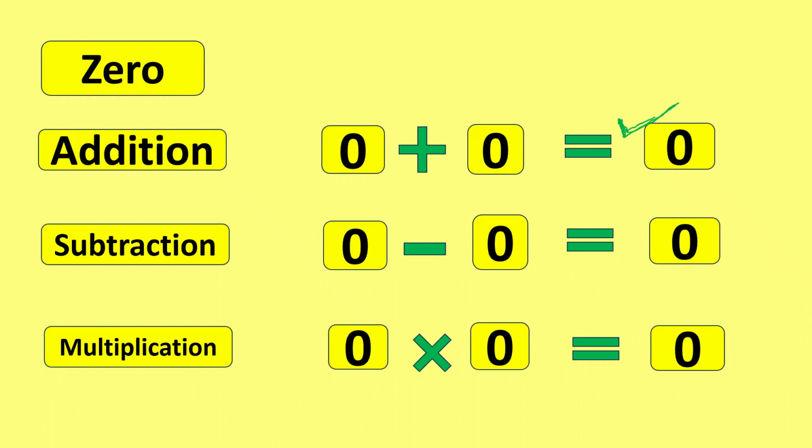Look here, when the first one is 0 and the second one is 0, the outcome is also 0. What's the outcome? Tell me. The outcome is already 0.